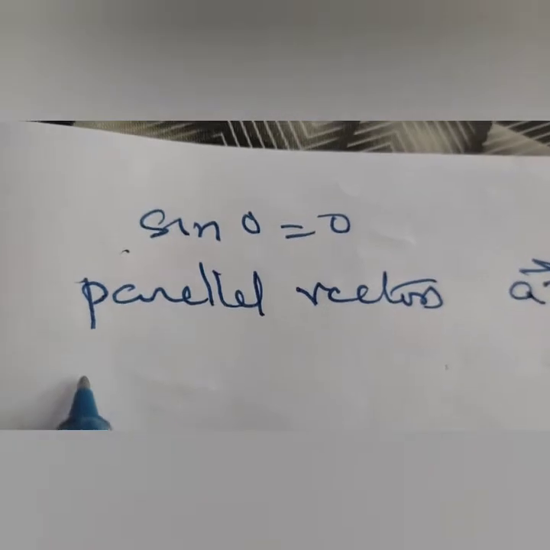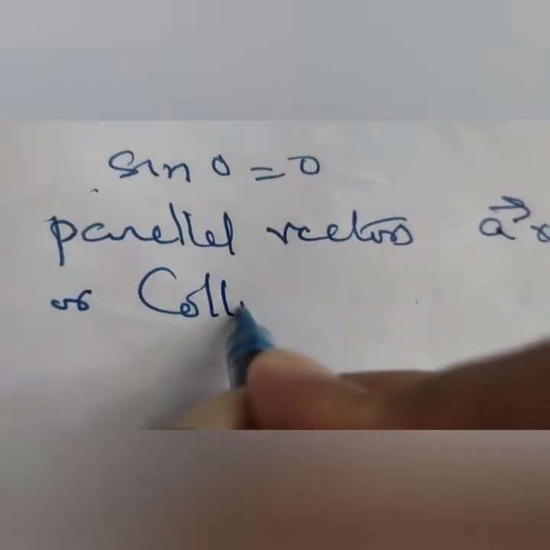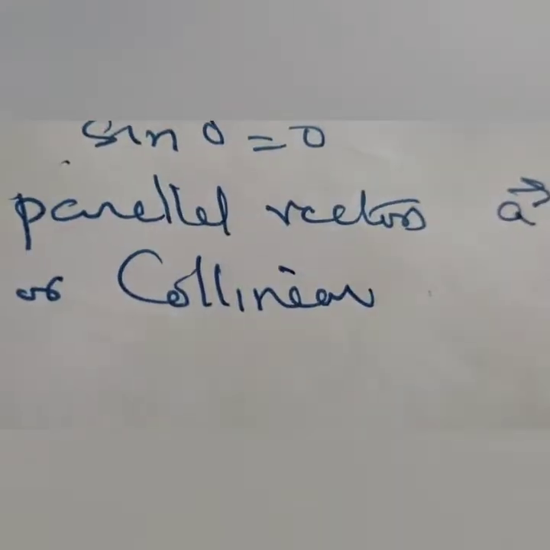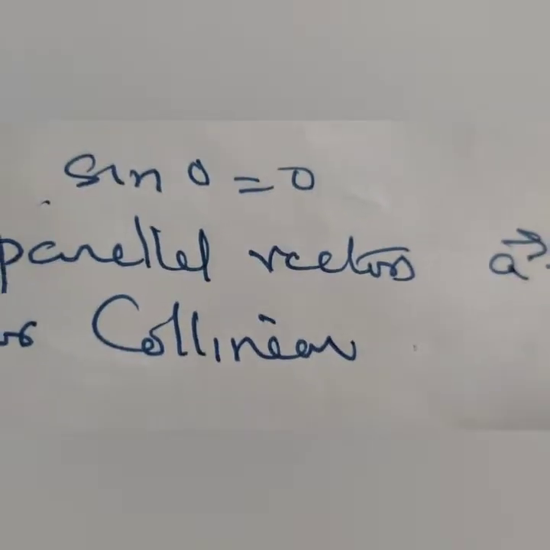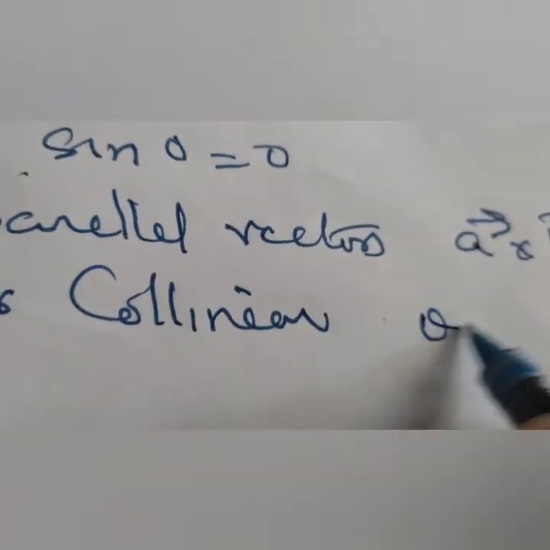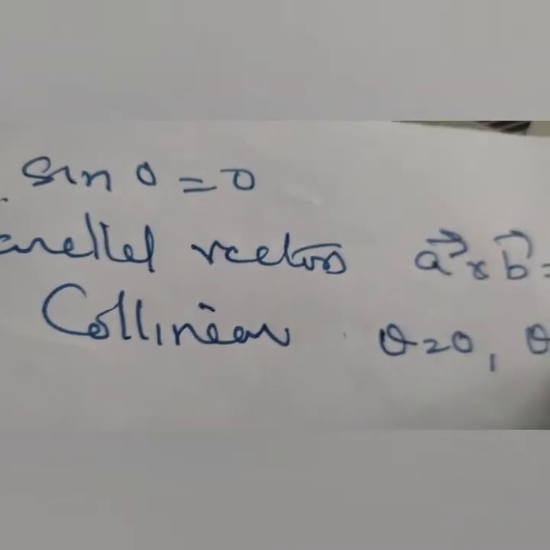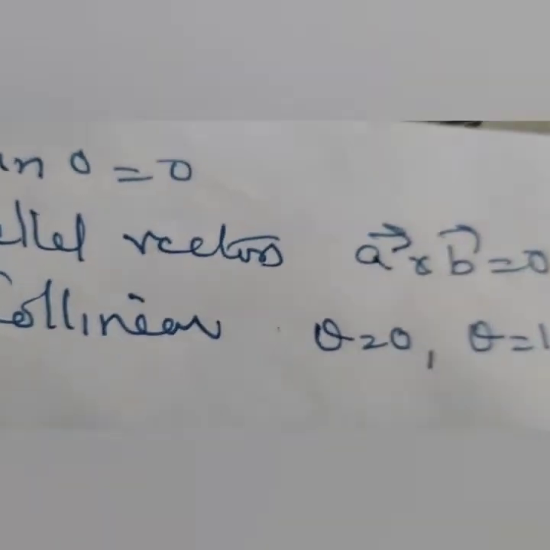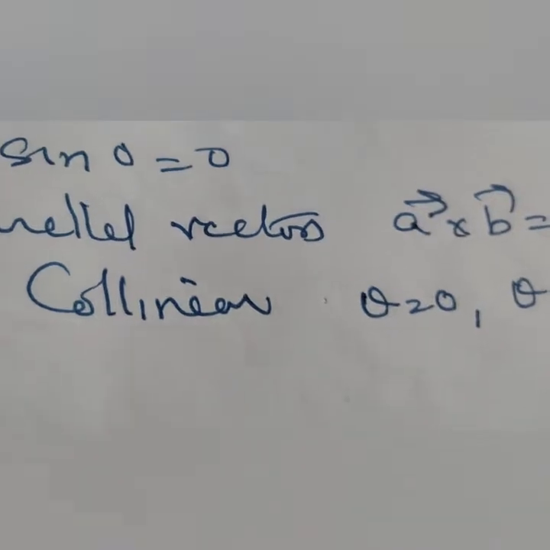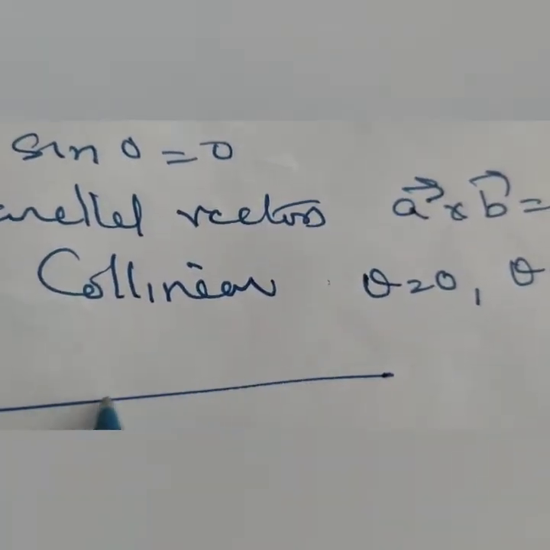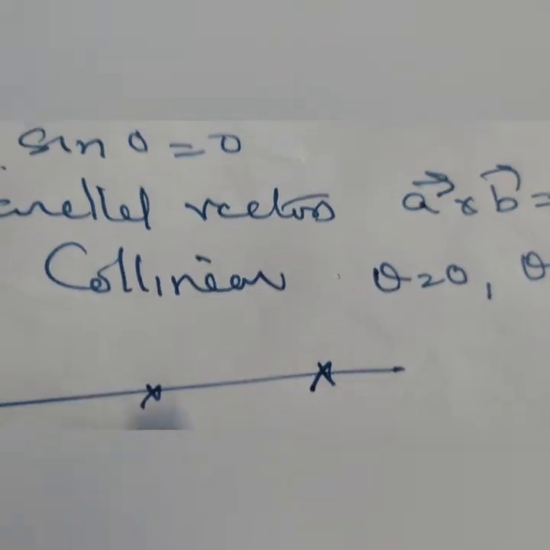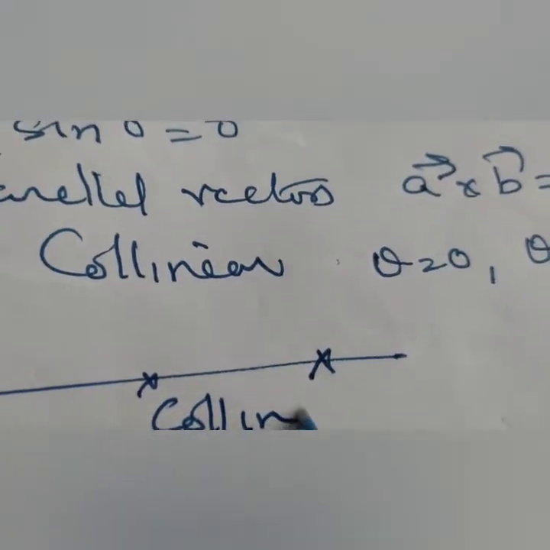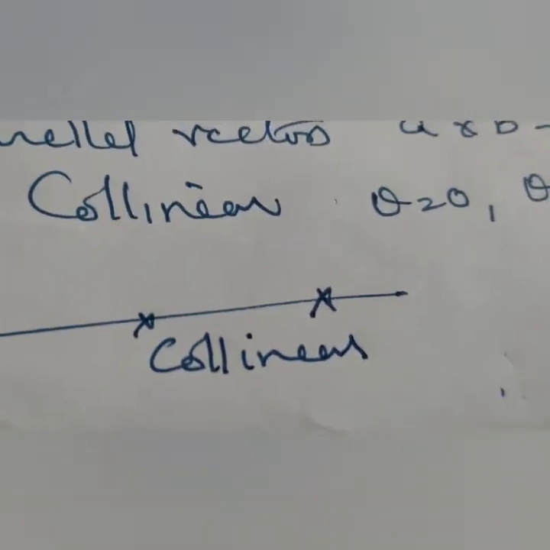Parallel or collinear vectors meet at the same point, where theta is 0 or theta is 180 degrees. What is collinear? Collinear means the points lie in one line.